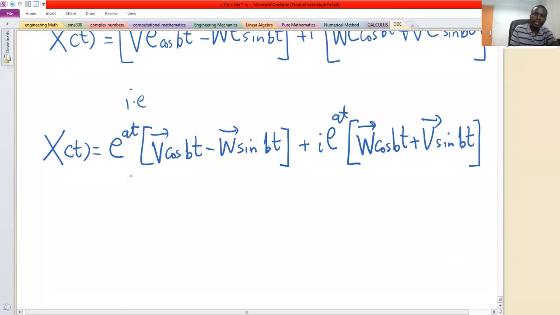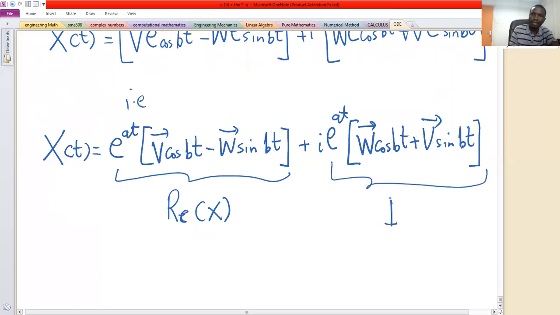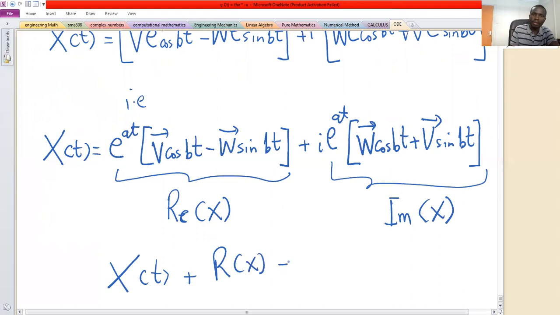So this is the real part of x, and then this is the imaginary part of x. So we can just say x of t is given by the real part of x plus i times the imaginary part of x.